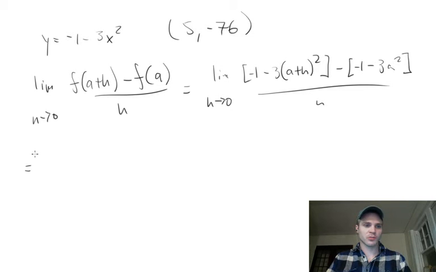And then this is going to be equal to the limit as h approaches 0. And then so we're going to get -1 minus -1, which is 0. And then we'll have to FOIL this out. So we're going to get -3a squared plus 2ah plus h squared.